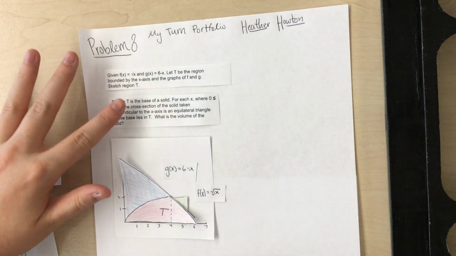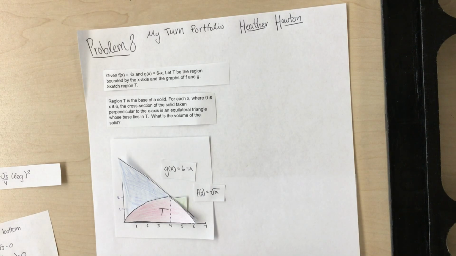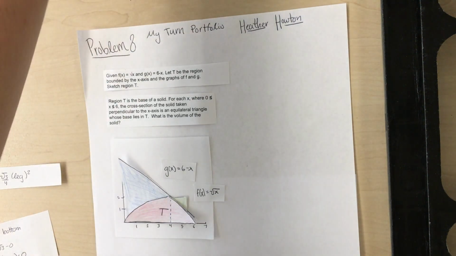Alright, so for part B, region T is the base of a solid. For each x, where 0 is less than or equal to x, and x is less than or equal to 6, the cross-section of the solid taken perpendicular to the x-axis is an equilateral triangle, whose baseline lies in T. What is the volume of the solid?